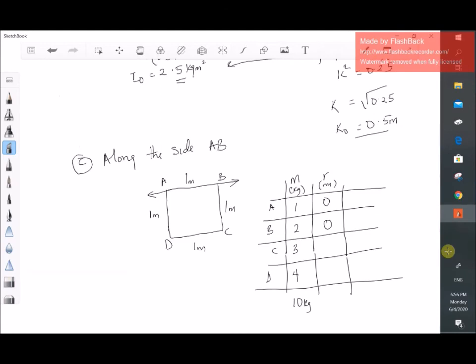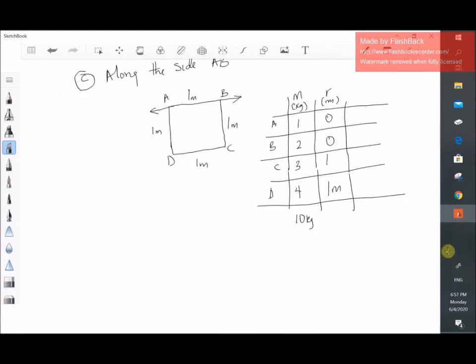Now for point C to line AB, as you can see, is 1 meter. From point D to the line AB is also 1 meter. Now I've gotten my values.